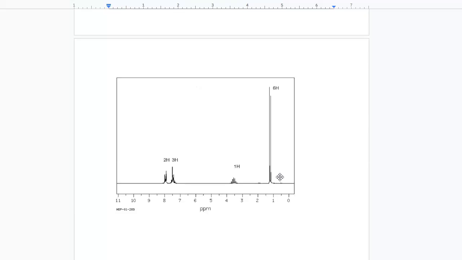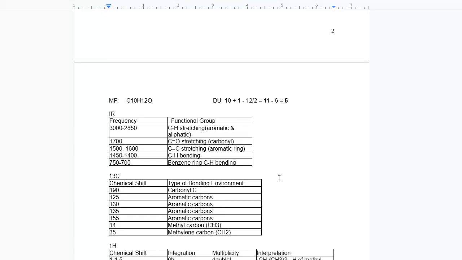That's a double bond between a carbon and an oxygen. There's peaks at 1,500 to 1,600, signaling double bond carbon stretching in an aromatic ring, and then there's a peak around 750 to 700 supporting that there's another aromatic carbon-hydrogen bending.